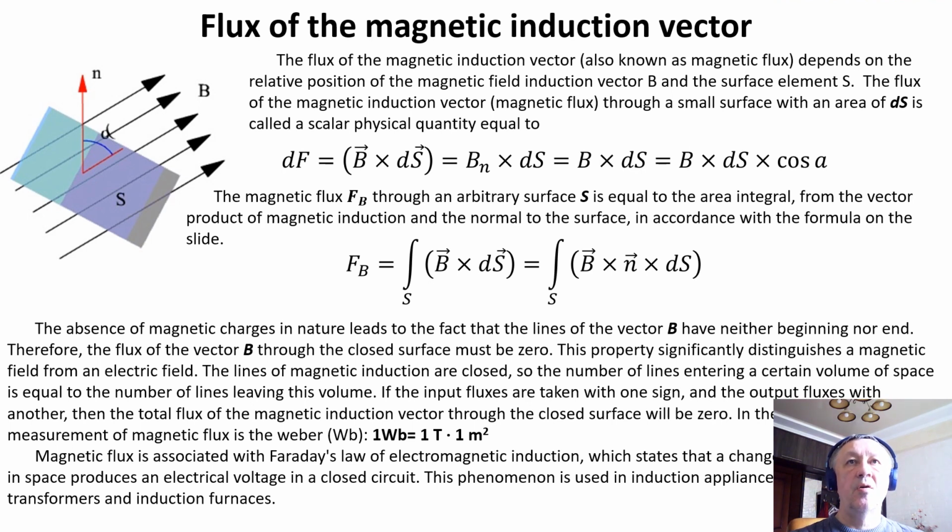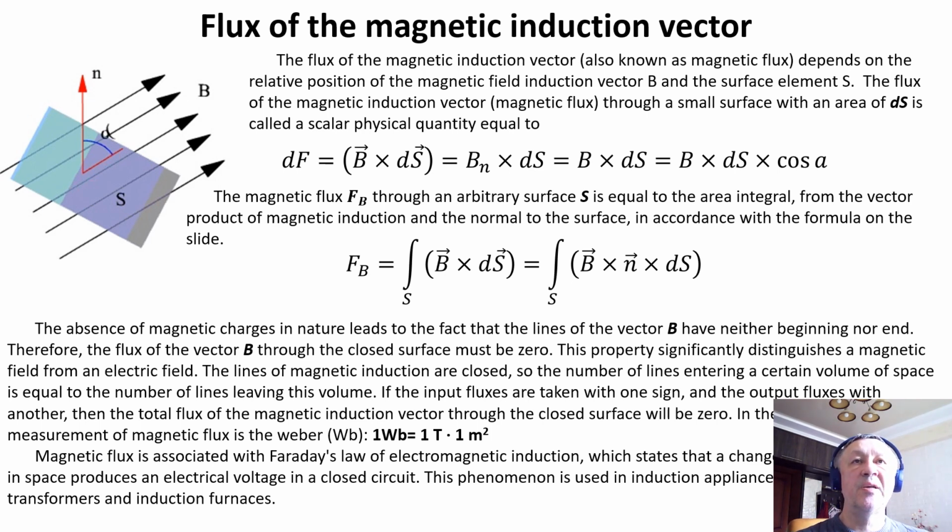The flux of the magnetic induction vector, also known as magnetic flux, depends on the relative position of the magnetic field induction vector B and the surface element dS.